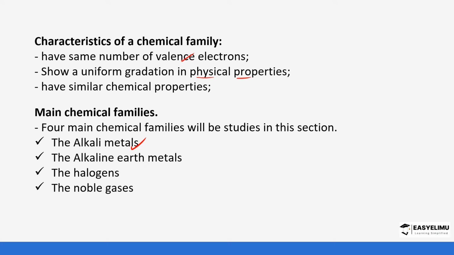Like in Form 1, we talked about metals reacting in air, and we tackled metals in these groups, but we are not going into details of these families. This is going to be beyond high school. You're going to do them in campus. So these are the four main chemical families that we are going to concentrate on in this lesson.